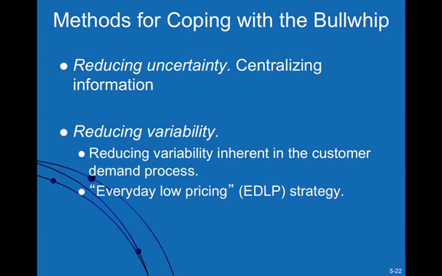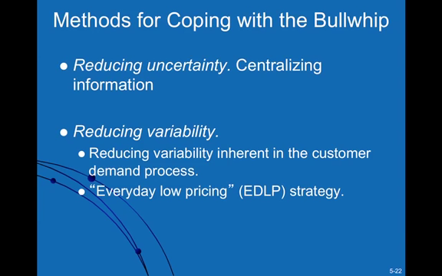So, what can we do with this bullwhip effect? We cannot eliminate it completely, but certainly we can do a couple of things. One is we could consider centralizing information, that is sharing information between the various supply chain partners. You could also try to find ways to reduce variability in customer demand.